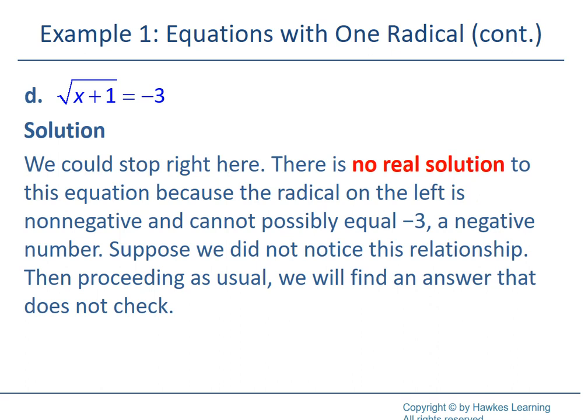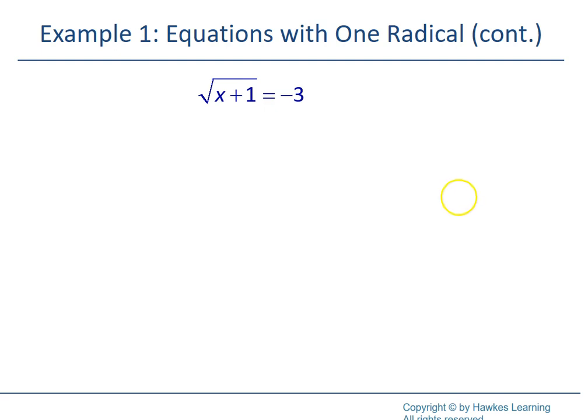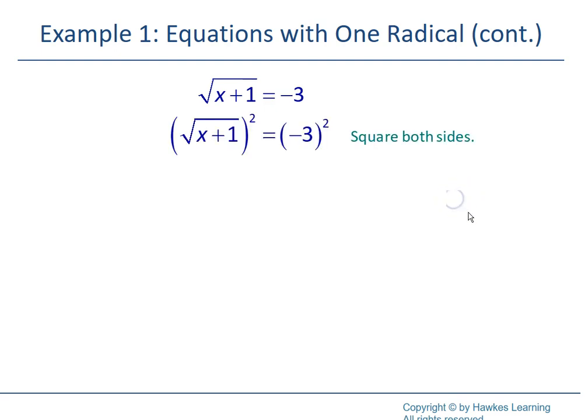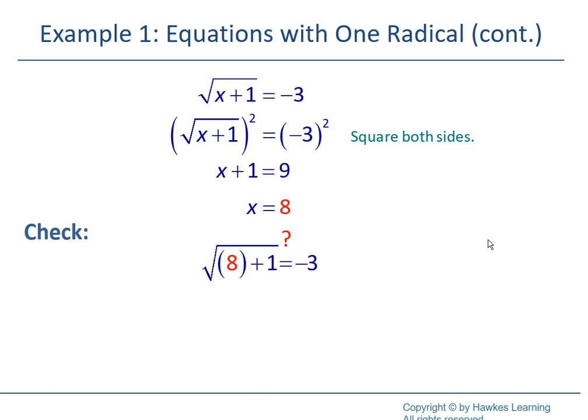Okay? Now, you can solve it and square it and do everything and get an answer, but that's not going to make it a true statement. And they'll show it to you here. So they'll say that it's 8. So when we do the check and put an 8 in here, this becomes, on this side, a positive 3. But a positive 3 does not equal a negative 3. So keep that in mind.